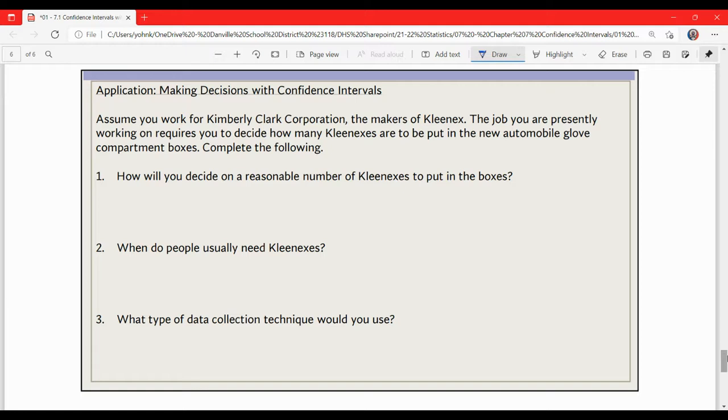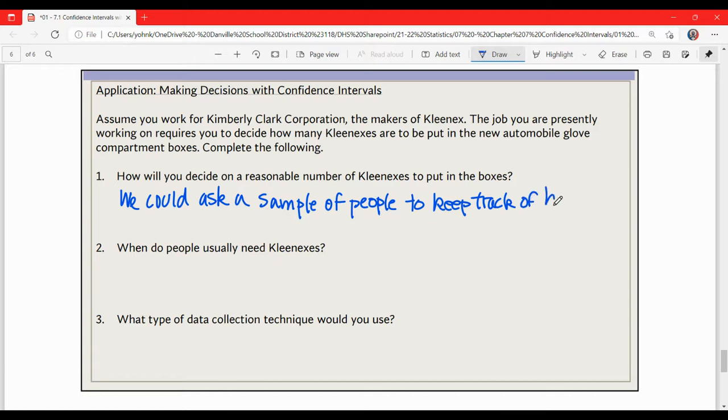One thing you could do is collect a random sample and ask them to keep track of how many Kleenexes they use, maybe in 2 weeks.